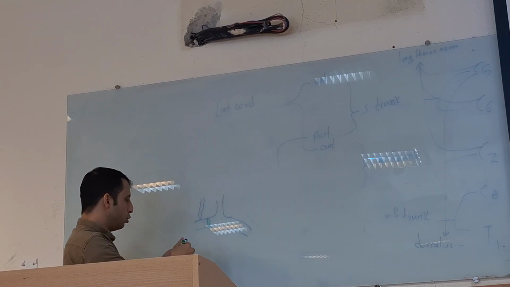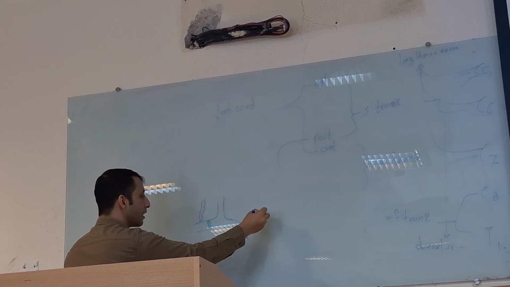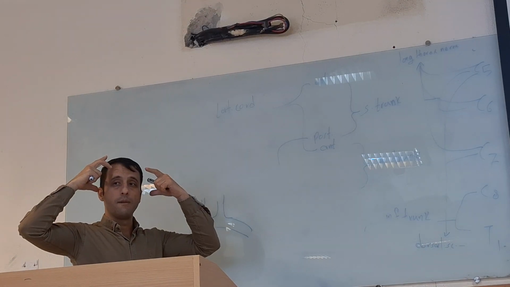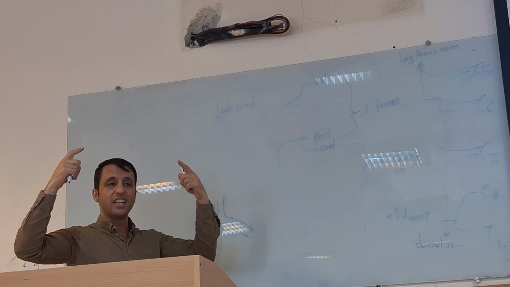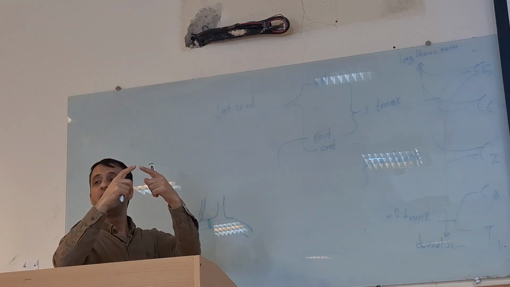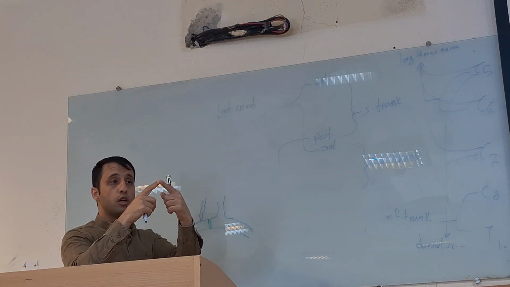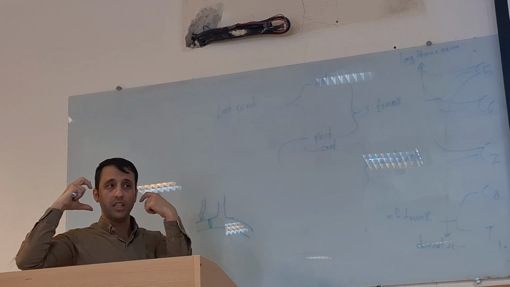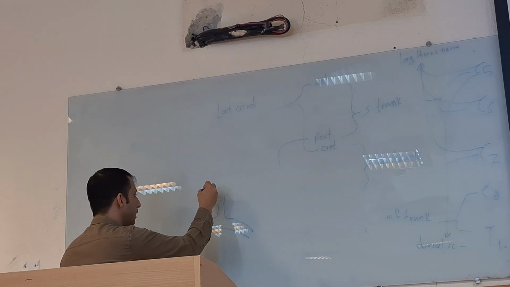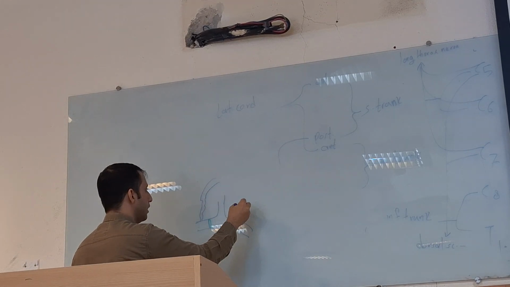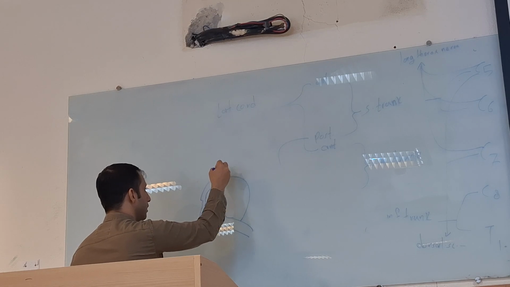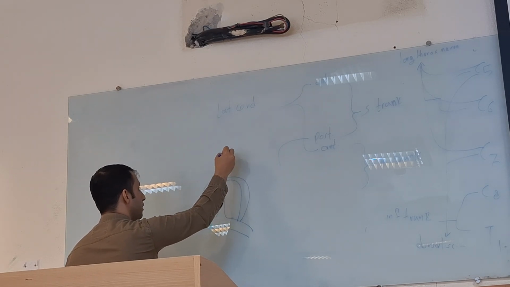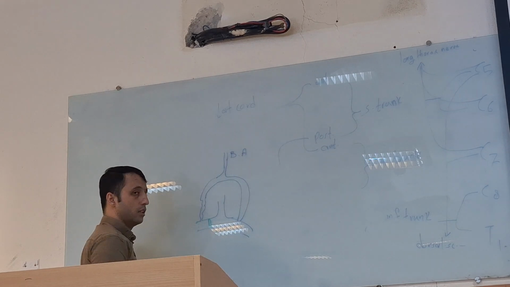Because the two vertebral arteries, when they arrive at the skull, join together and make the basilar artery. The basilar artery is located anterior to the pons in the brainstem. So here and here they make the basilar artery.